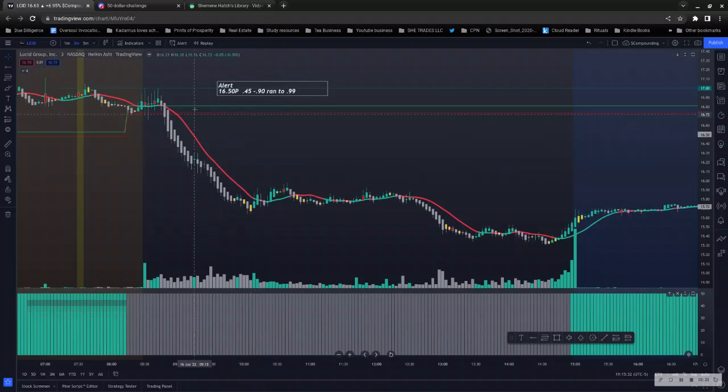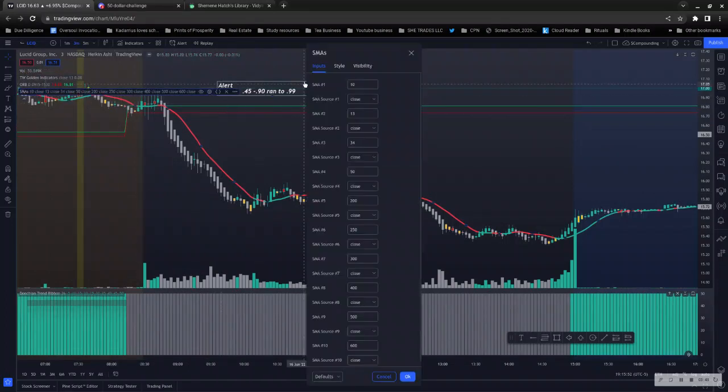selling pressure. So we can remain in the trade as long as the price never closed above the 13 EMA. So once price begins to break above the 13 EMA, you can exit the trade, or you can use the 21. It's going to depend on your risk level.